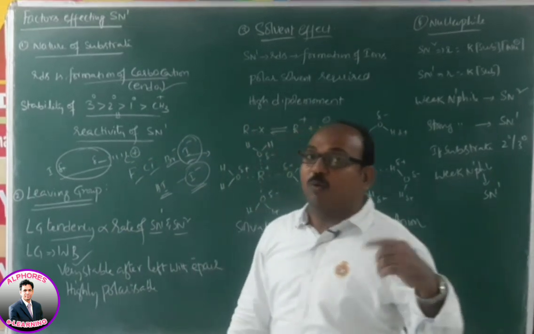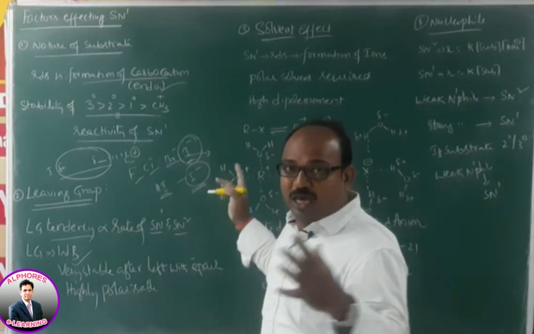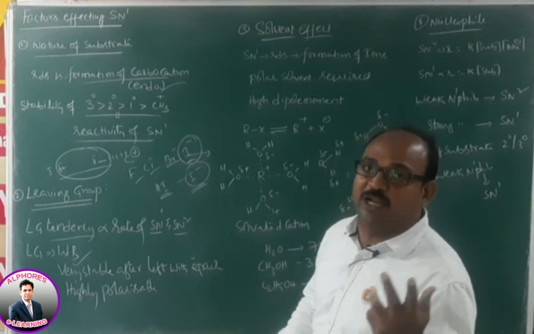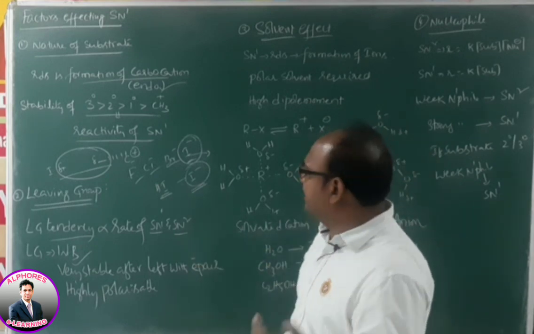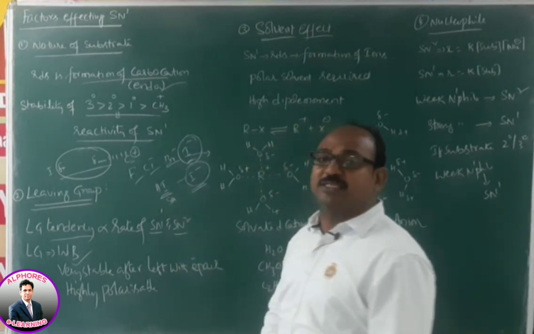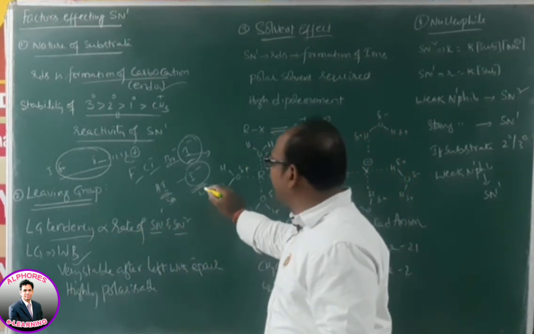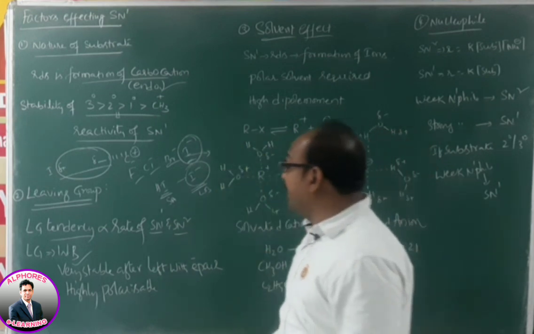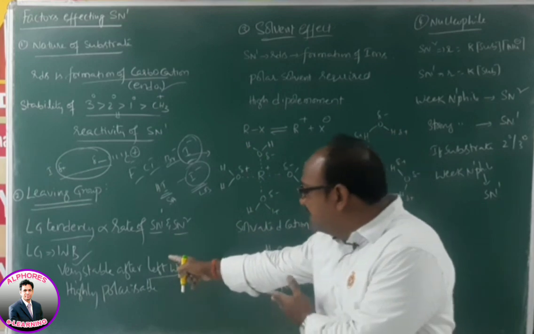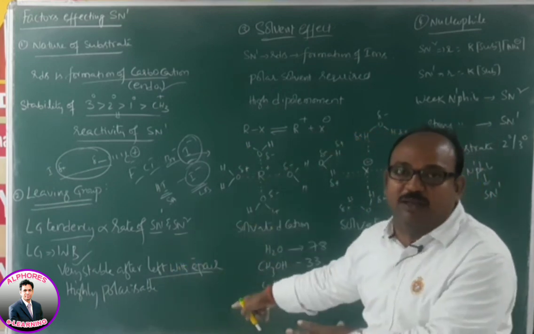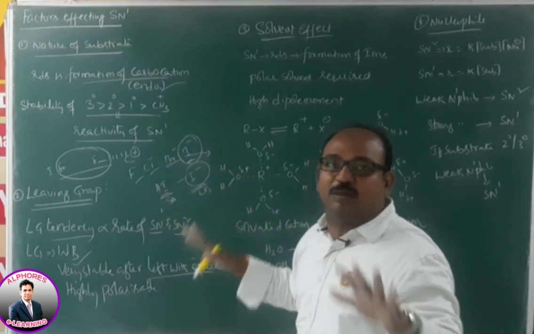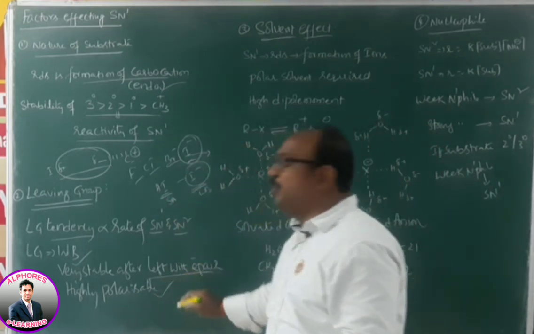I am repeating once again: I minus is large, and the more the size, the more the leaving tendency. Second, it should be a weak base; obviously it is the conjugate of a strong acid, so it is a weak base, and it can stay very stable after leaving with the electron pair. After coming out from the carbon, it can sustain. And fourth, highly polarizable.